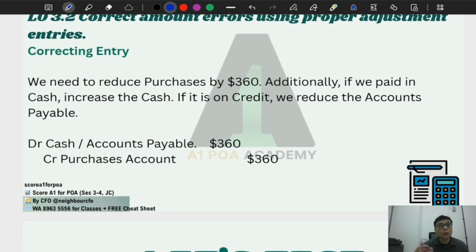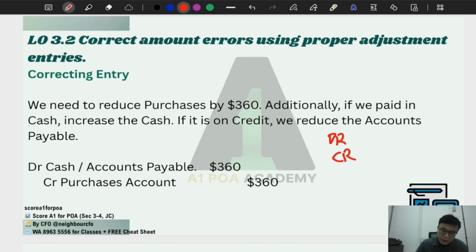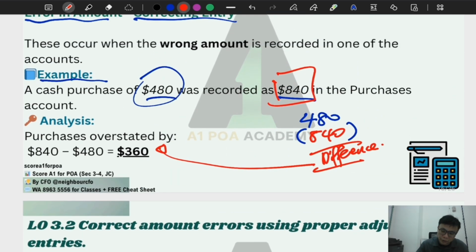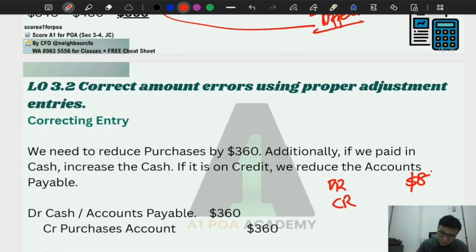So how do we go about doing it? In this instance, you can see at the start, debit and credit, right? At the start, the value that was recorded is 840. It can be cash, it can be accounts payable over here. And then over here, we assume that they didn't capitalize it because it is not a purchase of an asset.